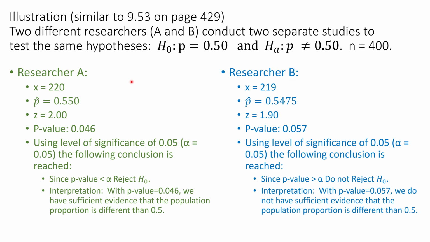If we only use p-values, since the level of significance is 0.05, for research A we reject the null hypothesis. However, for research B, the p-value is larger than 0.05, so we cannot reject the null hypothesis.